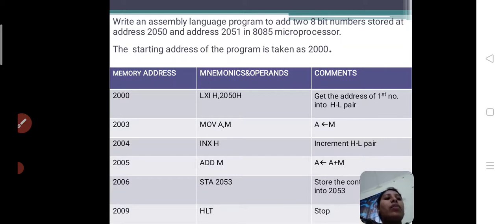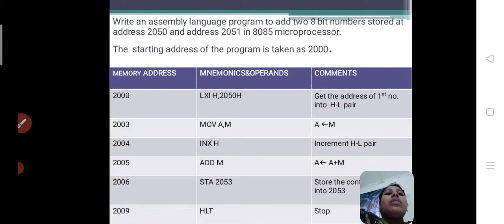For this I will take two memory addresses. Here in this question the memory addresses are 2050 and 2051. The first address is 2050 and the second address is 2051.